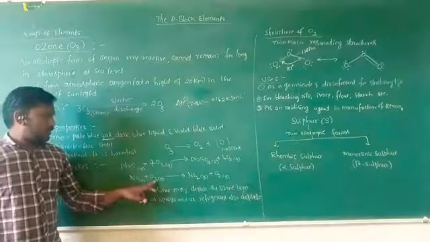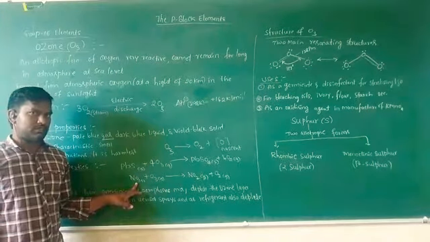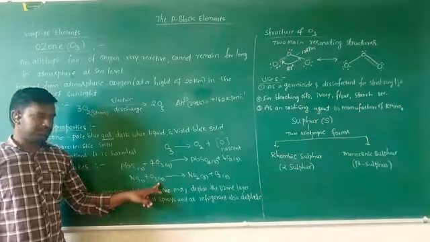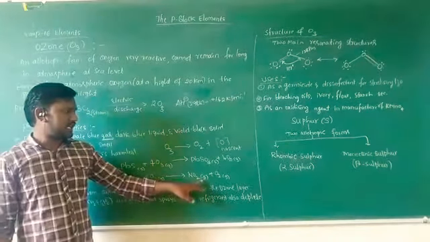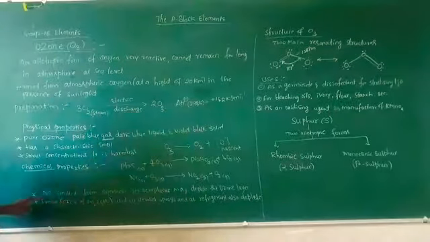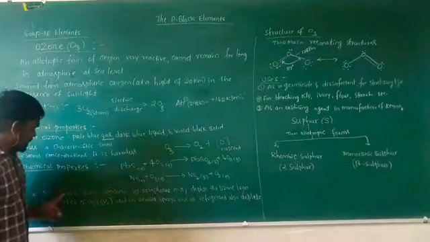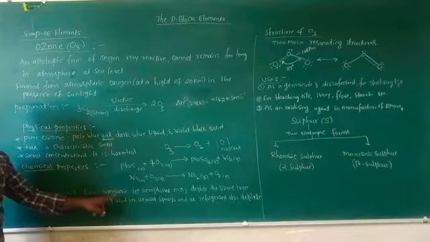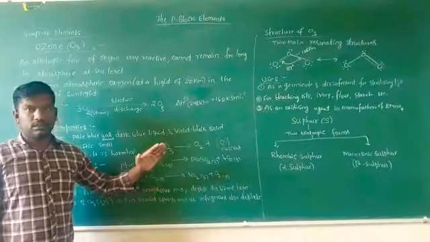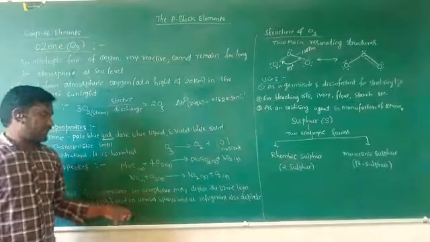Ozone also reacts with oxides of nitrogen, especially nitric oxide, converting into nitrogen dioxide and O2. So nitric oxide NO emitted from supersonic jet aeroplanes may deplete the ozone layer. This is one of the reasons behind it.